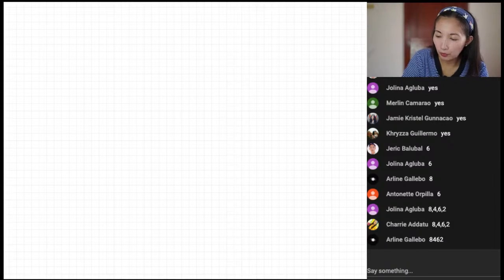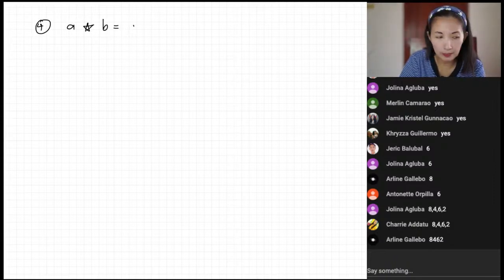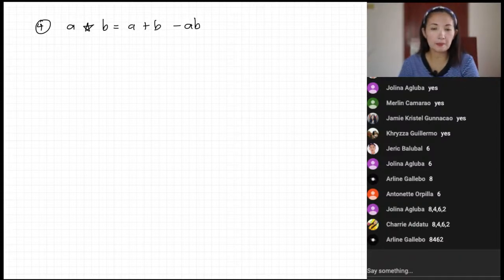Okay, number 4. Let's name this question number 4. Let star be defined as A star B this time is equal to A plus B, this time it's not plus but minus AB.